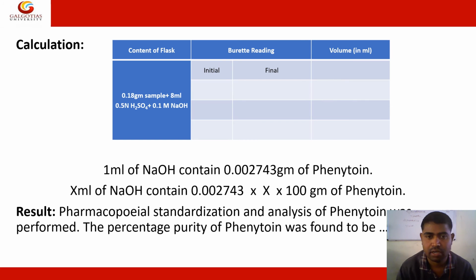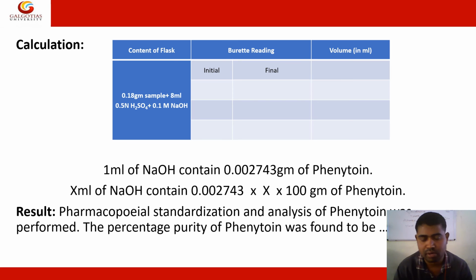In the next column, that is the burette reading, whatever volume is consumed by the conical flask, you write the initial volume and final volume, and the exactly consumed volume, that is the difference, you write in the last column. After writing this table, you will have to calculate the exact percentage.